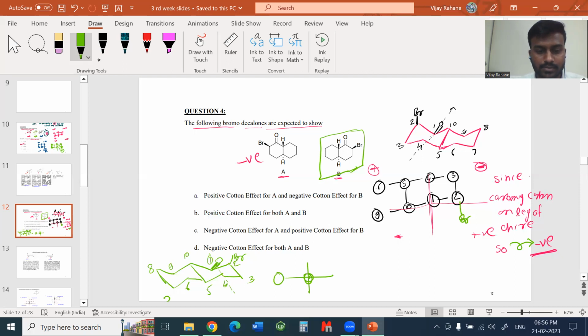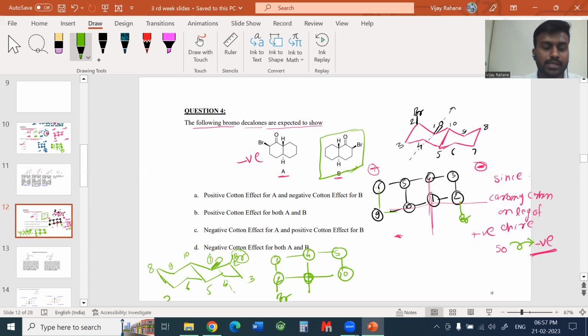Here will be 2, here 3, here 4, 5 is 10, and the bromine is attached at the axial position, right? If you divide the quadrants, this one is negative, this one is positive, here is positive, and this one is negative.